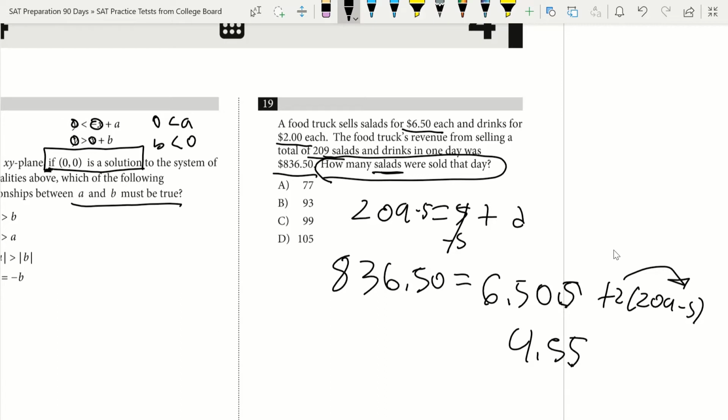That's an S, not a 5. Then I have 2 times 209, which gives me 418. I'll subtract that from each side. Let me get my calculator real quick.